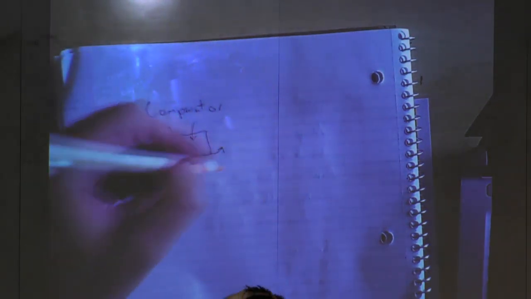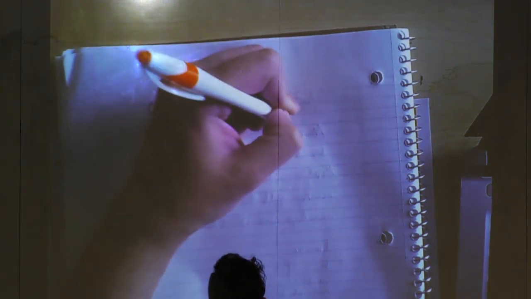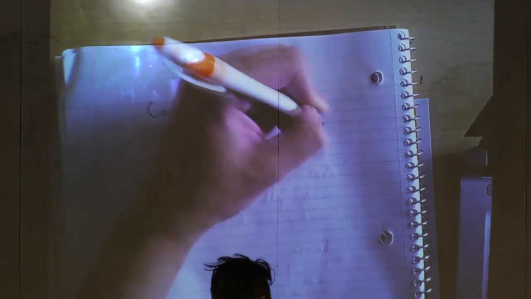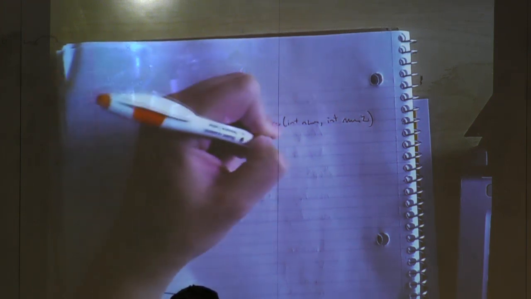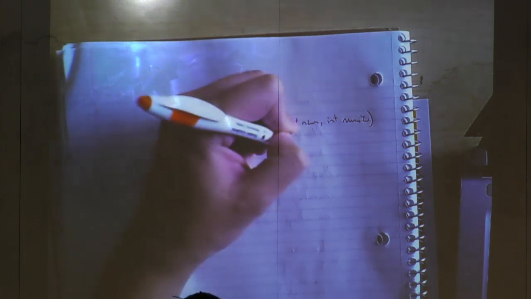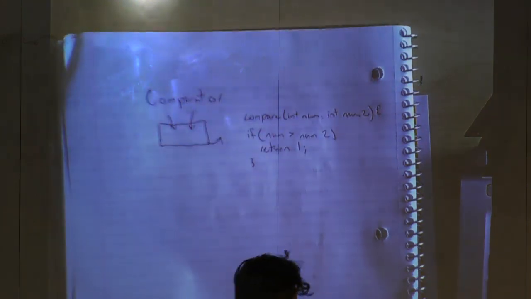if your comparator is built to take two integers, and the intent of your compare method is to say which of your two integers is bigger, then you could say, right, there would be more to it than this.